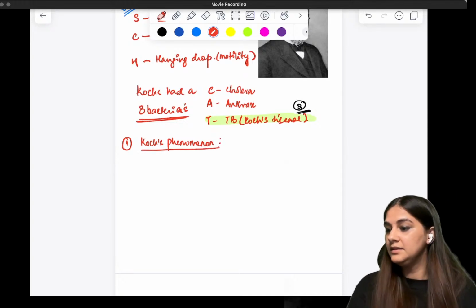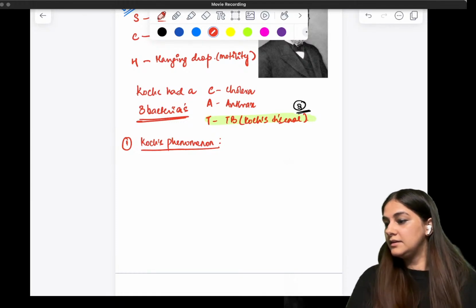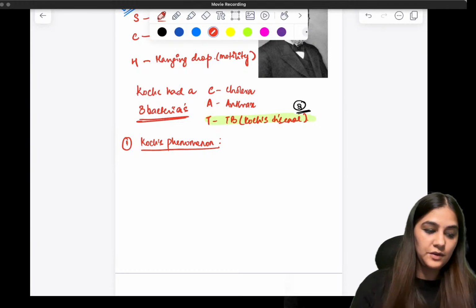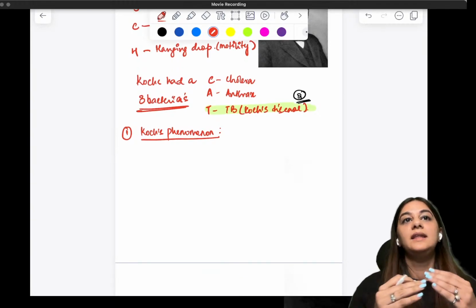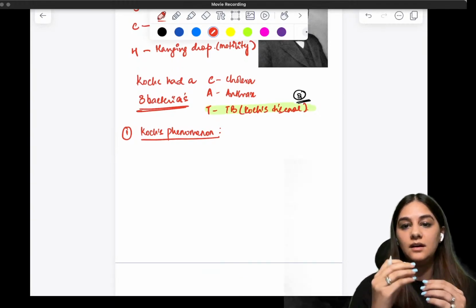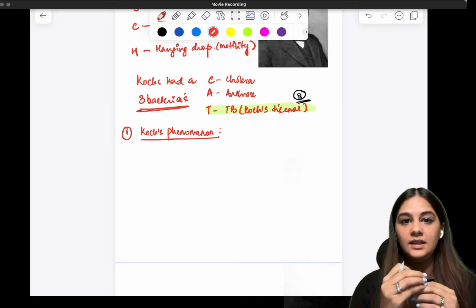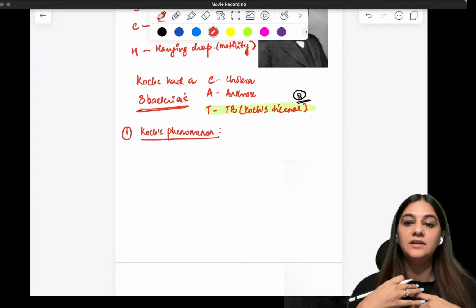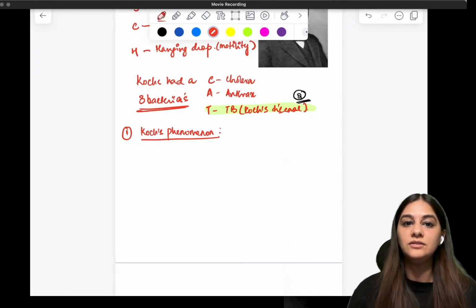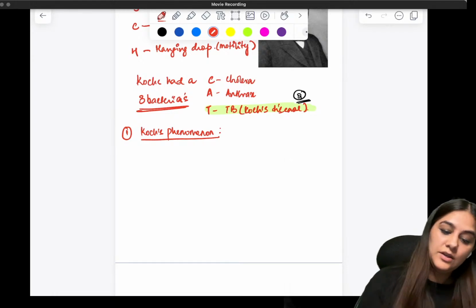Can anybody tell me? Okay. So Koch's phenomenon is actually, he said that if he takes this TB bacilli and injects it into a guinea pig, right, that guinea pig will have a hypersensitivity reaction towards this TB bacilli. That is known as Koch's phenomenon.